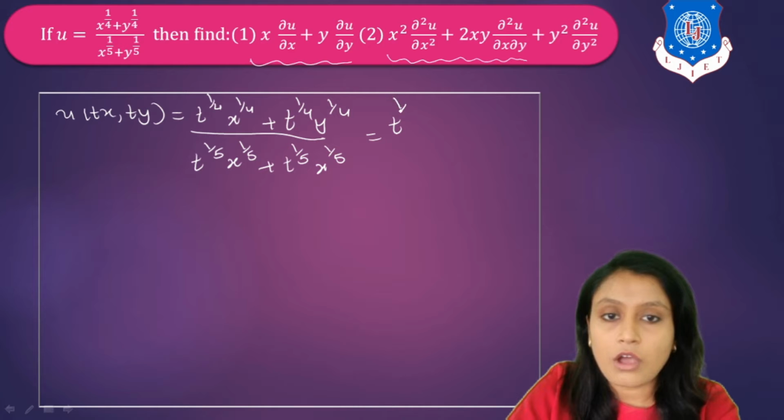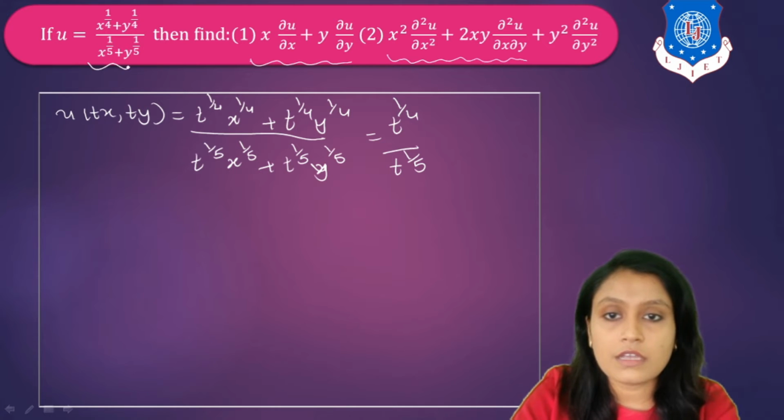Now you can take common t^(1/4) from the numerator and t^(1/5) from the denominator, and what remains in the bracket is x^(1/4) + y^(1/4) upon x^(1/5) + y^(1/5).